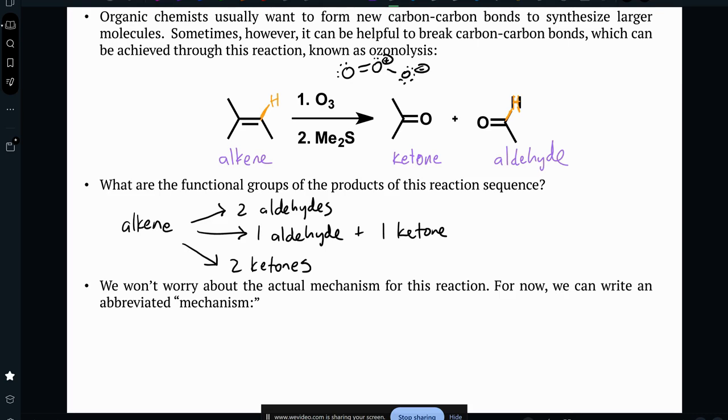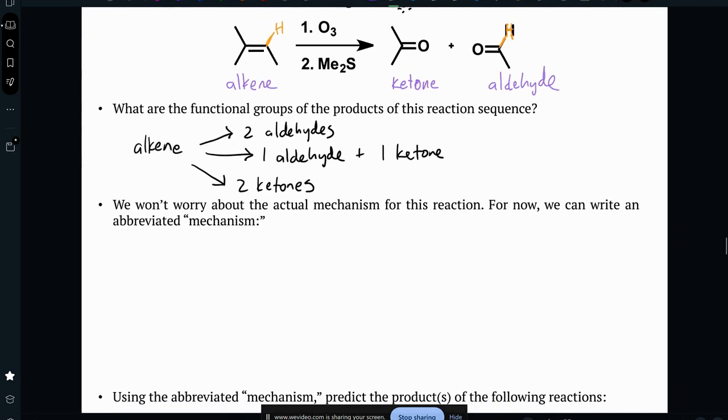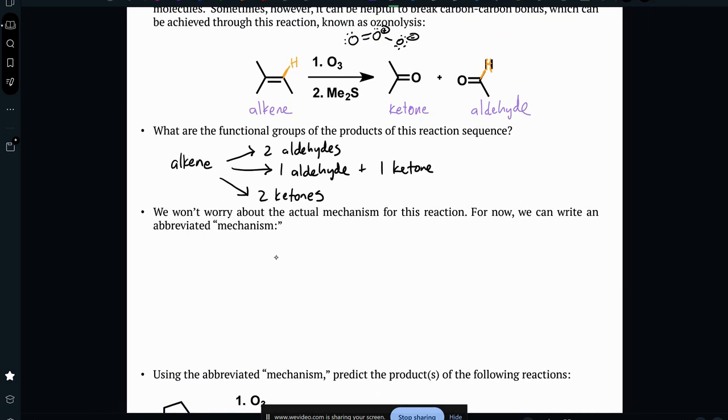I'm not going to show you the mechanism for this reaction, so you can think of this sort of like a magic reaction. So step one, use magic scissors. All right, that's our first step. Use magic scissors to break that bond.